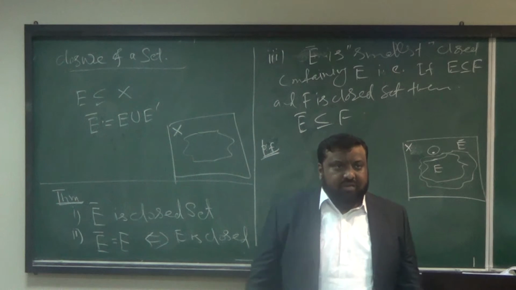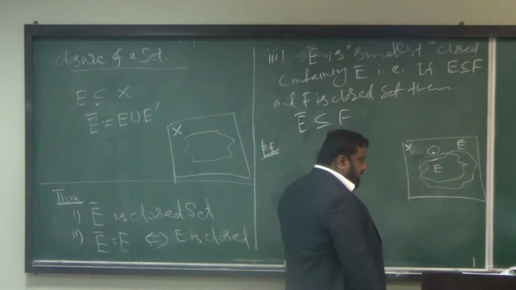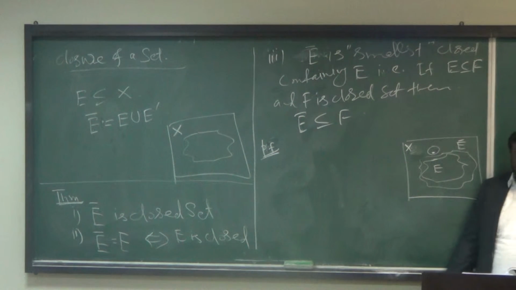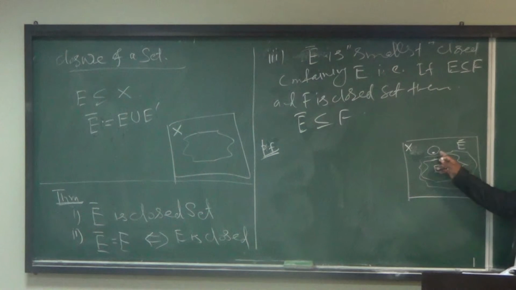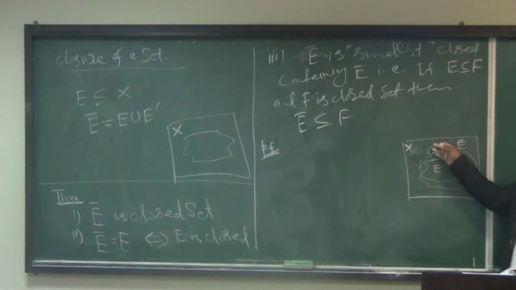Because if we have this, what's going to happen? My claim is that this ball is not going to intersect with E bar either. In other words, it's going to be entirely contained in E bar complement, and hence E bar complement is going to be open.